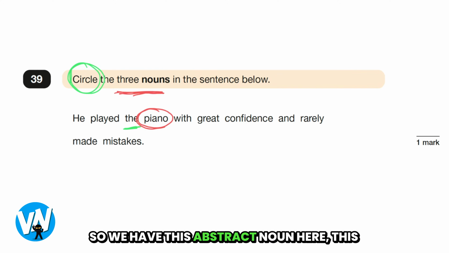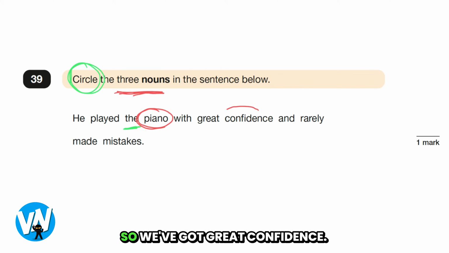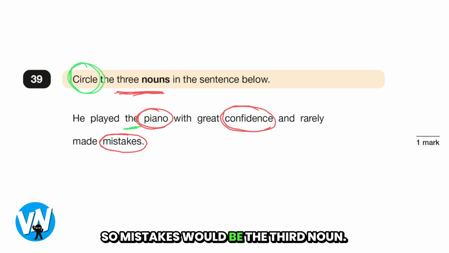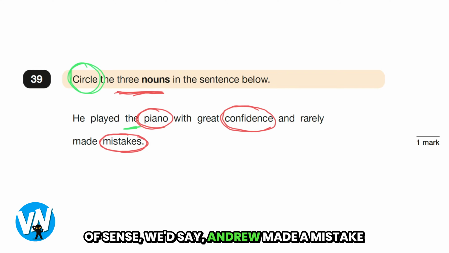So we have this abstract noun here, this naming word, so we've got great confidence and rarely made mistakes. So mistakes would be the third noun. And again, if we use that in a little bit of sense, we'd say Andrew made a mistake, or the mistake was made by Andrew. We can sort of see how the word mistake, which is a little bit uncommon, is used as a noun.